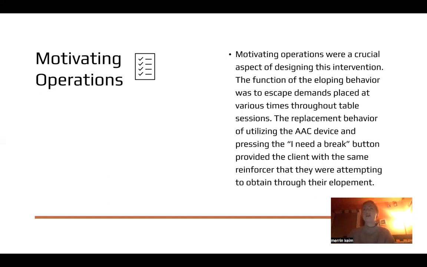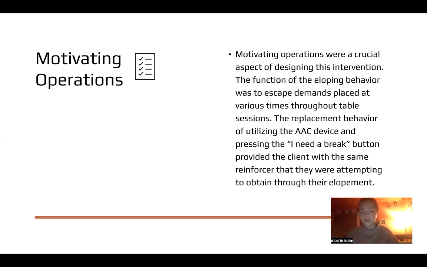Ensuring that the replacement behavior was able to offer that same function and provide the client with the same reinforcement was key in it being able to work.